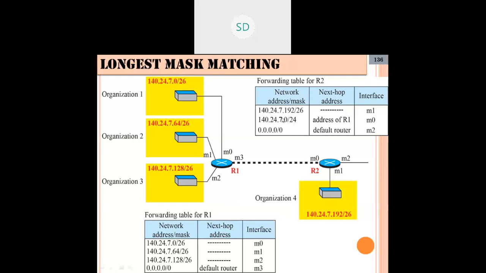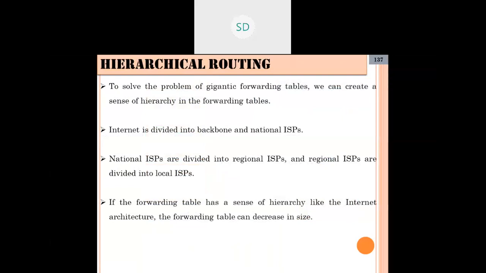So in longest mask matching, the addresses are placed in sequence with the longest mask first. Accordingly, the forwarding table matches the incoming packet, and based on that the transmission is done. So that is one concept.